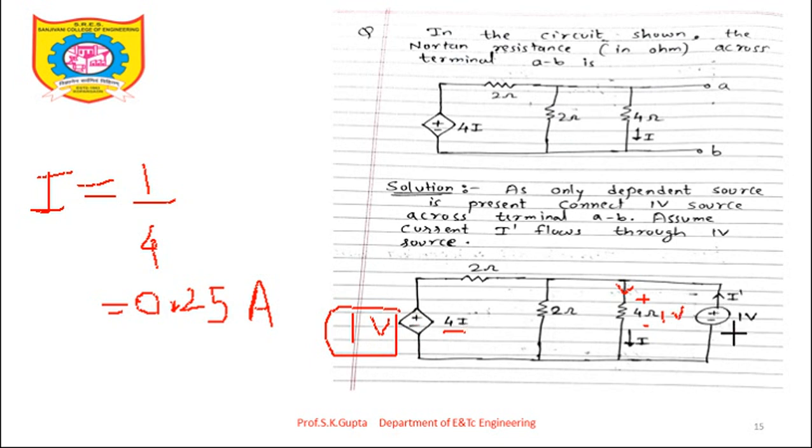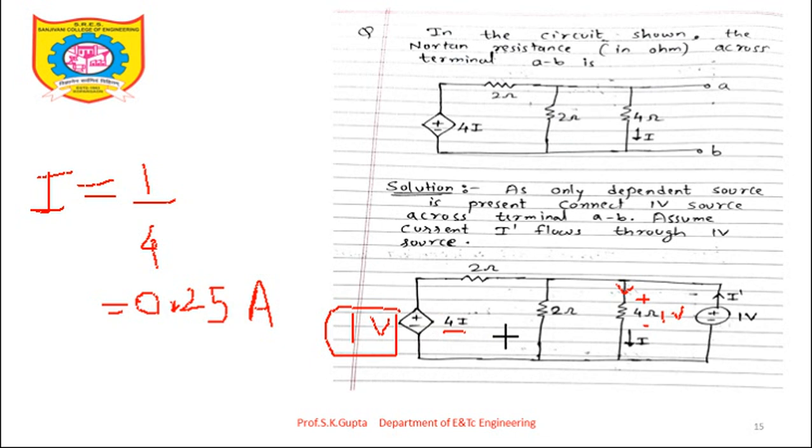Because instead of 1 volt, if I connect 10 volt here, the current will be 2.5 ampere, and this voltage value will be 10 volt. That's why it is called a dependent source. Depending on this voltage, this current will change, and as the current changes, the voltage value changes.